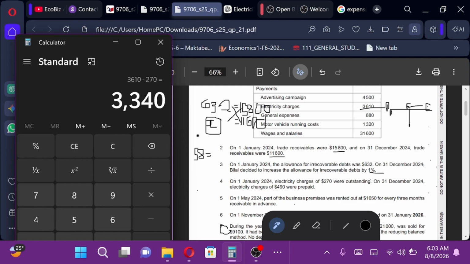So we've received service, but we've not yet paid. So basically, we owe the person. So this one also we will less 490. We get 2,850. Now this is the amount of electricity charges for this year without any additional amounts.